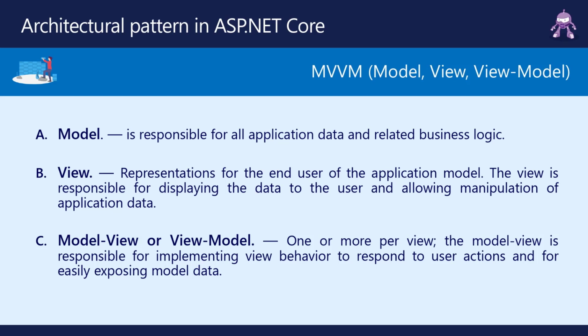Finally, the view model is the intermediary actor between the model and the view, contains all presentation logic, and behaves like an abstraction of the interface. In other words, the view model is responsible for implementing view behavior to respond to user actions and for easily exposing model data.